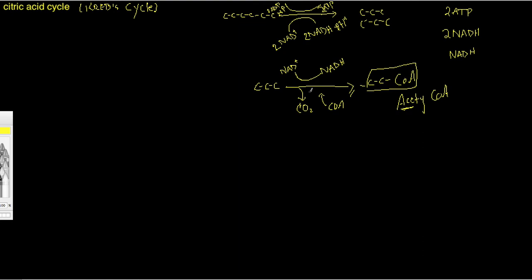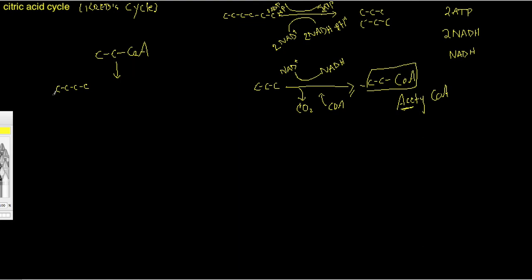Now, first of all, when the acetyl CoA enters the citric acid cycle, which is in the membranes of mitochondria, it joins a 4-carbon chain molecule. So 1, 2, 3, and 4.